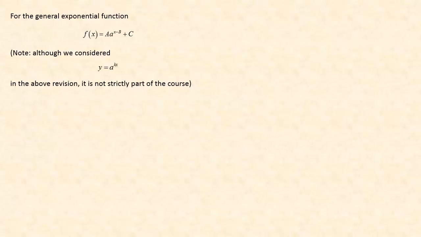So we can see by looking at this that we have the vertical dilation, the horizontal translation, and the vertical translation. Those things are all a part of this course.